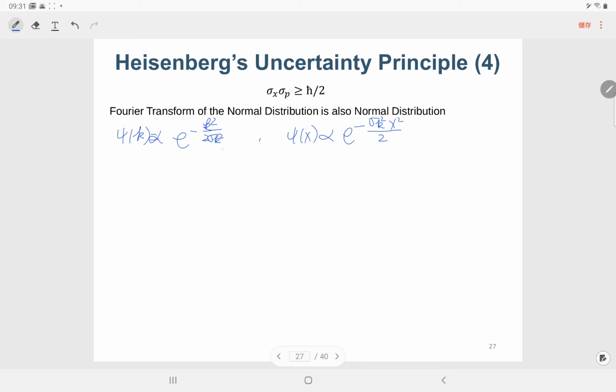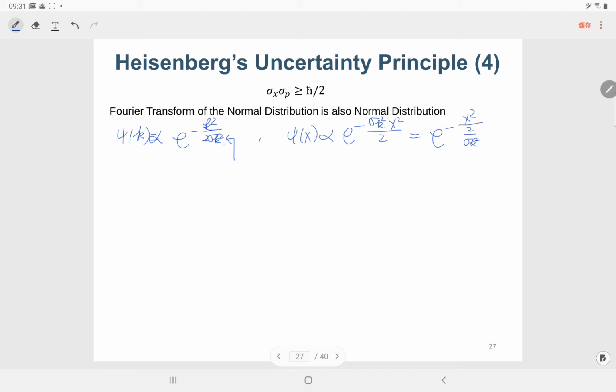So this one is the standard deviation, and this one is the standard deviation, like exponential to minus x squared over 2 over sigma k squared. Something like this.